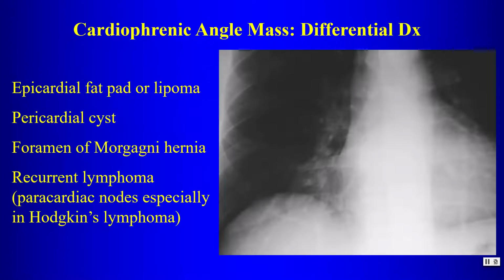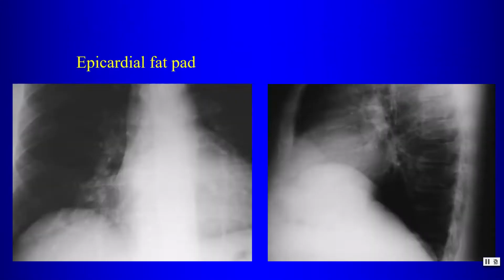The differential diagnosis for a cardiophrenic angle mass: epicardial fat pad or lipoma. In this case, this is a fat pad, and you can suspect that because it is rather lucent. You can see through it. You can see the blood vessels there behind the lesion. We've discussed pericardial cyst. Of course, you can have a foramen of Morgagni hernia. And we've also talked about recurrent lymphoma, especially recurrent Hodgkin's lymphoma, that can give you lymphadenopathy within the cardiophrenic angle.